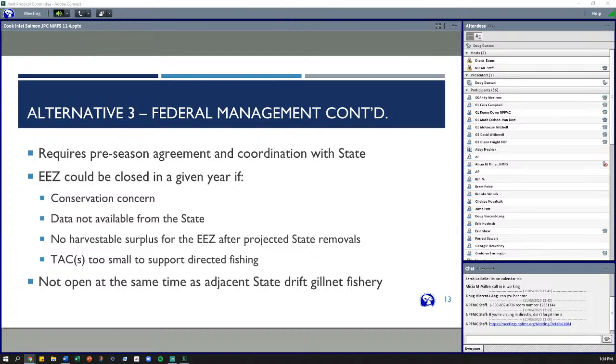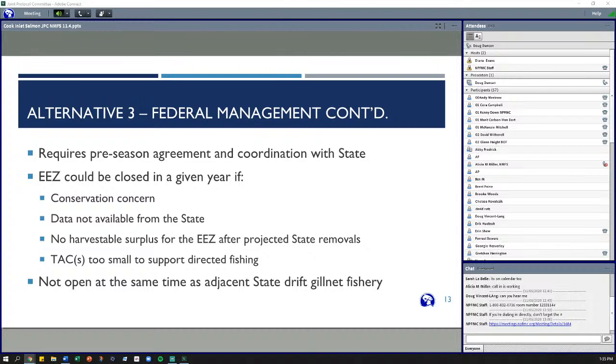Another possibility is if there is no harvestable surplus after accounting for projected state salmon removals in a given year. Similarly, if the TAC that we have to work with would be too small to support a directed fishery, it would likely be that the EEZ would be closed in a given year.